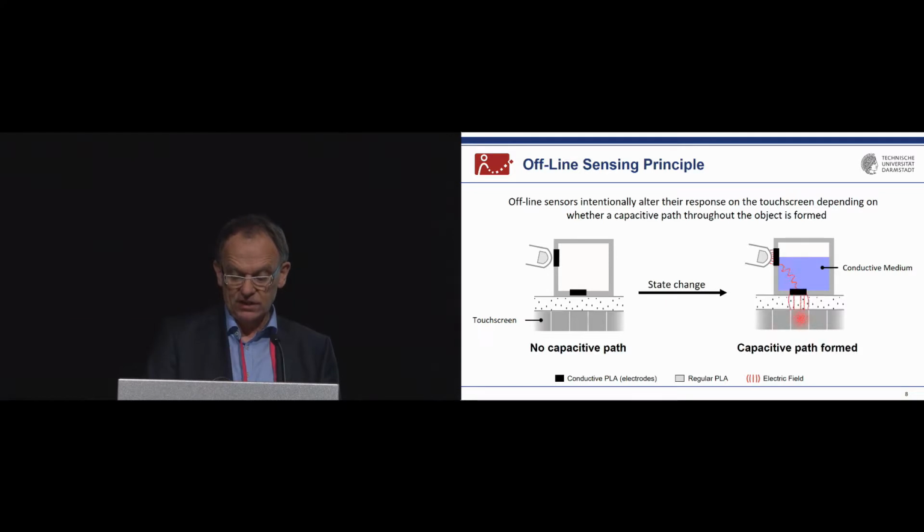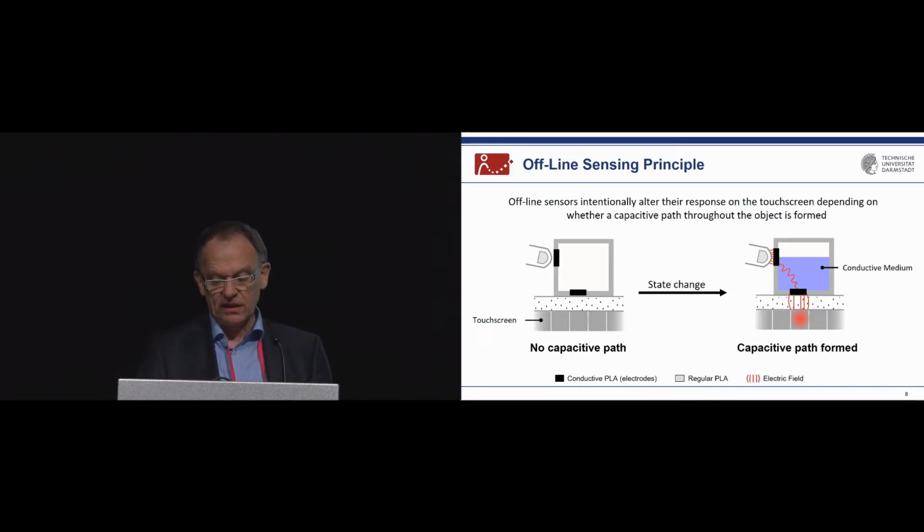However, if you apply, for instance, a conductive medium like an appropriate liquid, then you would see that a capacitive path is formed between those two interactive areas, and then pressing the button you can actually recognize a big difference in what you can read out on the capacitive side of the touch screen.